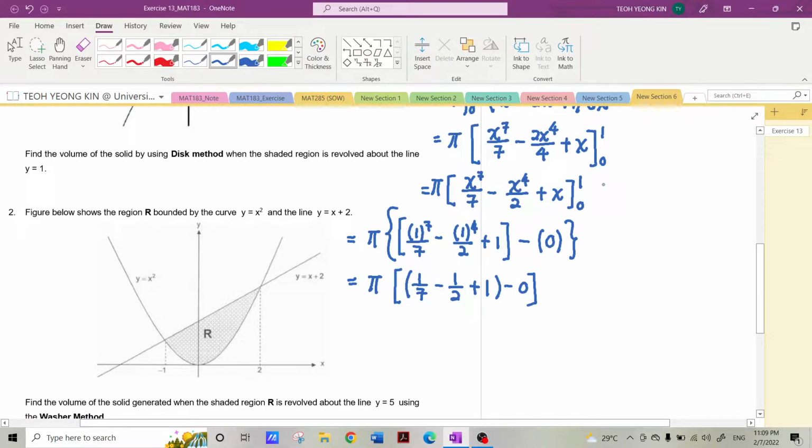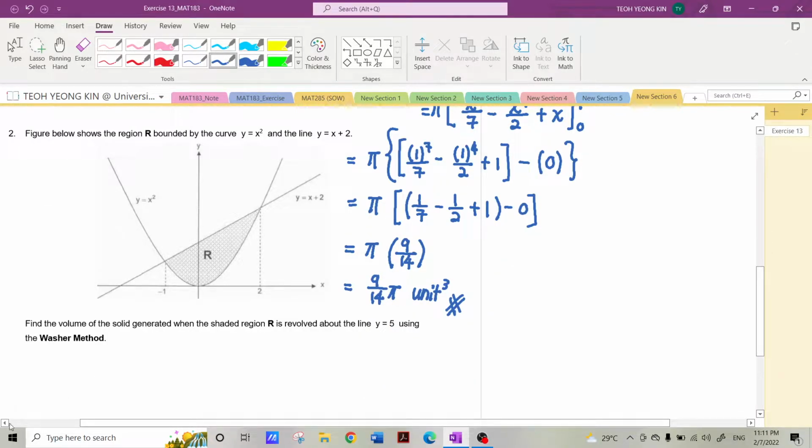By using our calculator, 1 over 7 minus 1 over 2 plus 1, we should have pi in the bracket 9 over 14. So finally, our answer will be 9 pi over 14 unit cube. Here is the answer for exercise 13, question number 1.